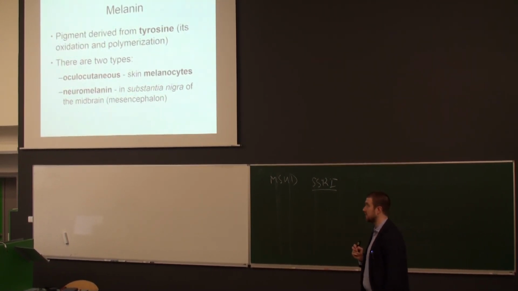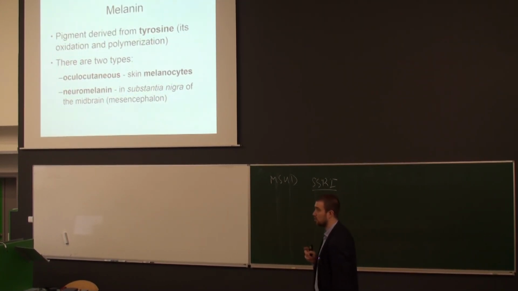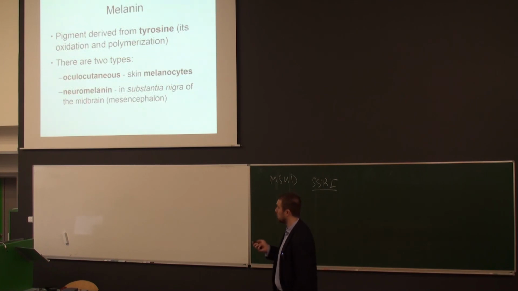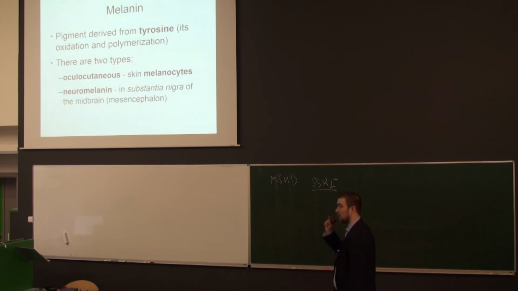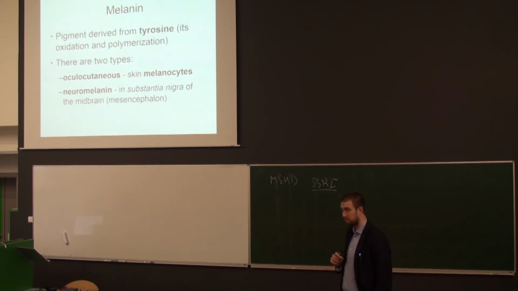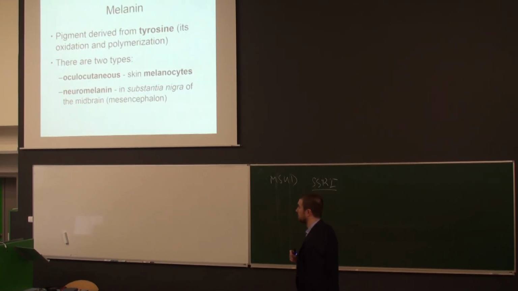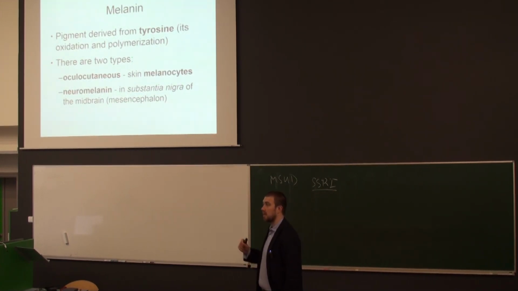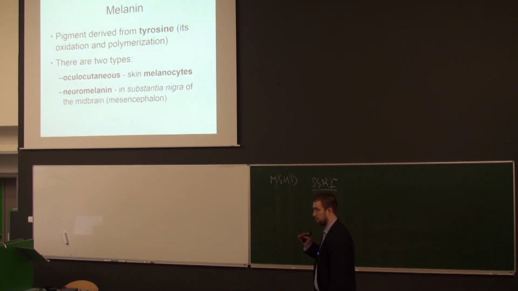The second group is the melanin that you can find in your brain. So we call it neuromelanin. And if you should name one place, that's the place that we call substantia nigra. And one part of the substantia nigra will be defective in Parkinson disease.